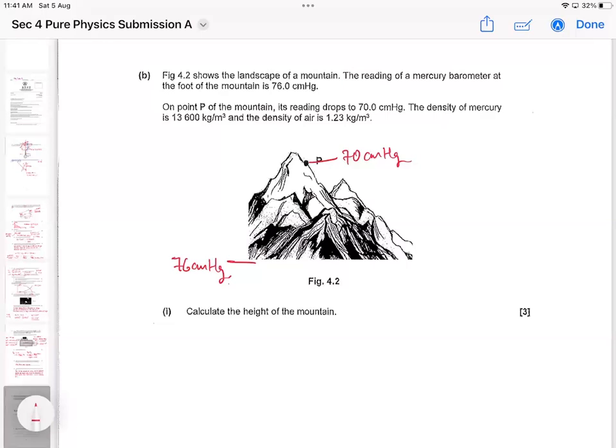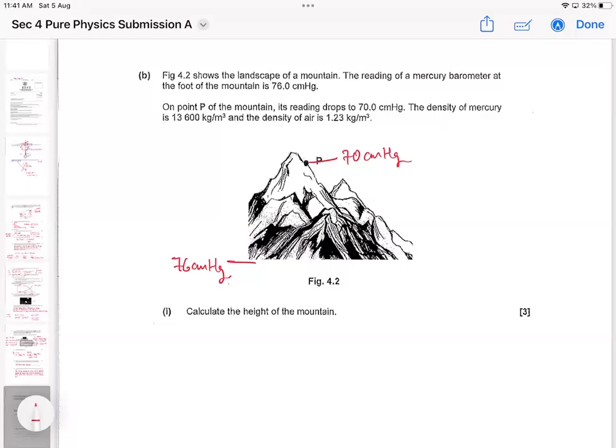But there's something that is a lot more at ground level that causes the pressure to be different. What is a lot more other than pressure? What causes the pressure to be a lot more at the base? Something must be a lot more that's present.